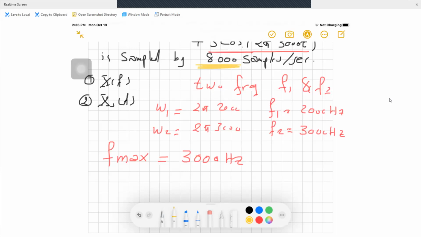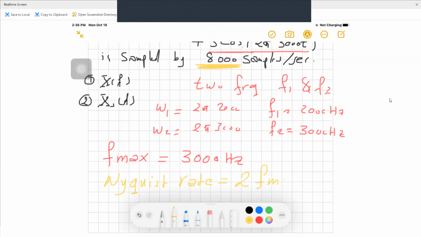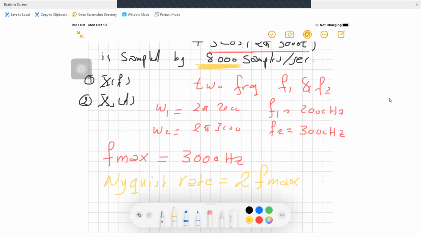Now, before solving this problem, let us determine the Nyquist rate for this signal. Nyquist rate equals 2 F maximum.